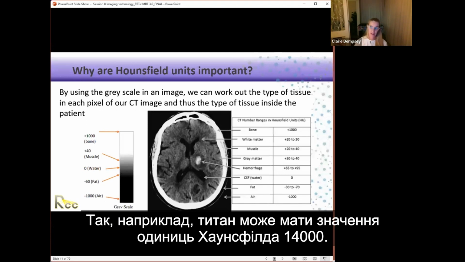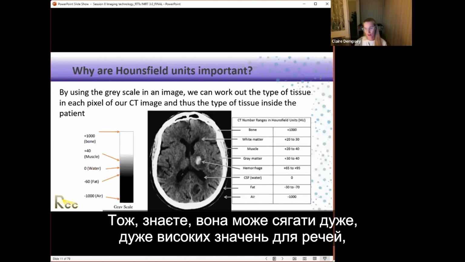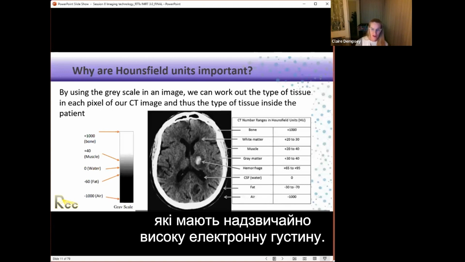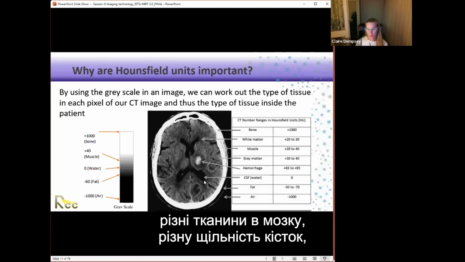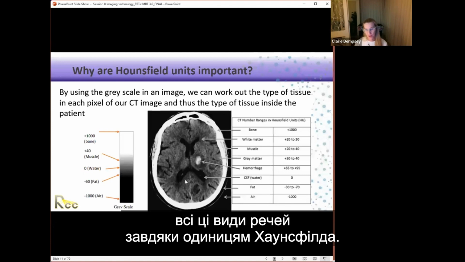So things like titanium can have a Hounsfield unit value of 14,000. So it can go up to very, very high values for things that have extremely high electron densities. But you can just see within one image, we can distinguish between different tissues within the brain, different densities of bone, all those kind of things from these Hounsfield units.